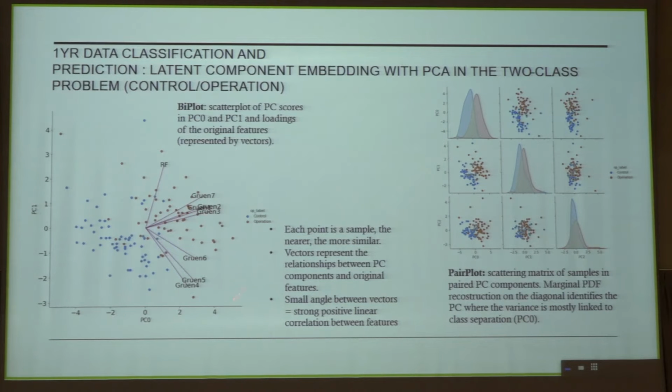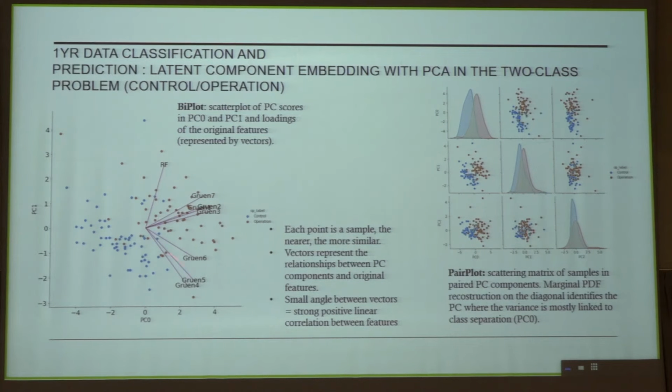In this graph here, each point is a patient. The nearer, the more similar to each other. And then we have these vectors here that represent how the original features relate to these latent components. This basically means that in this space, every linear classifier I'm going to train will draw a line here and perfectly separate operated and unoperated legs.